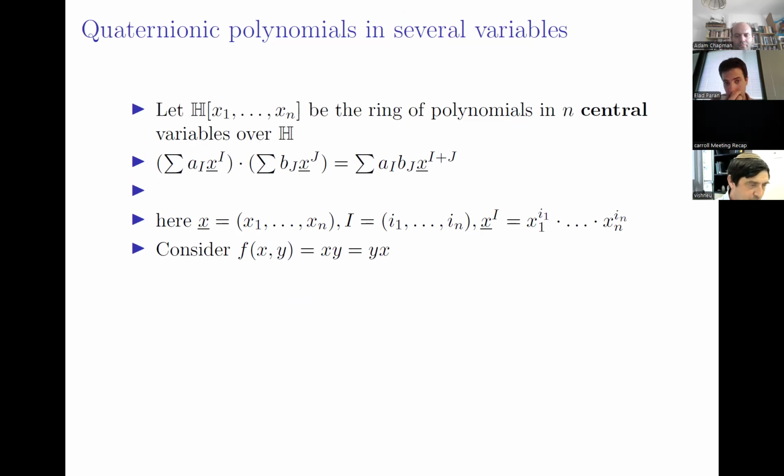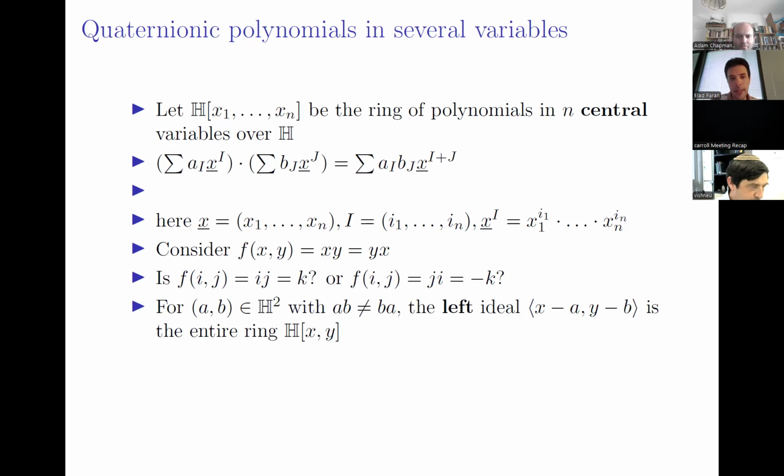So consider, say, the polynomial xy. Because our variables are central, this is the same as the polynomial yx. Now, what happens if you try to plug in i, j? Well, if you write it with the first presentation, you get ij, which is k. But if you write it with the other presentation, you get ji, which is minus k. So this is just to show that substitution is not everywhere well defined.